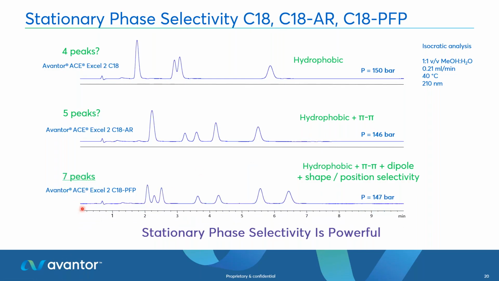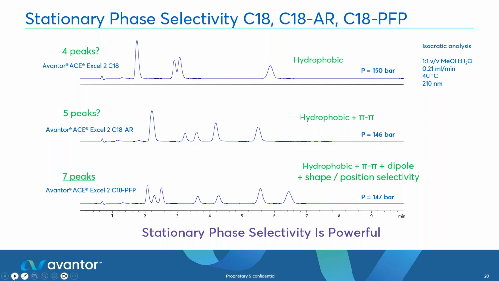When we put this down the PFP, we saw 7 peaks in what looked like a 4-component mixture. So the power of selectivity in finding hidden peaks, co-eluting peaks is really powerful when you've got unknown samples as well. So it's worth looking at different selectivities.